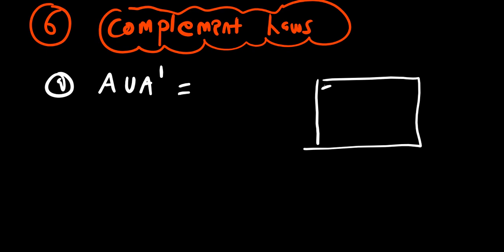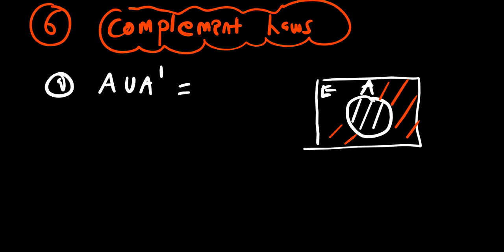If this is A, then what would be A complement? A complement would be everything that is not found in A, so everything that is not found in A is this, and this is A complement.